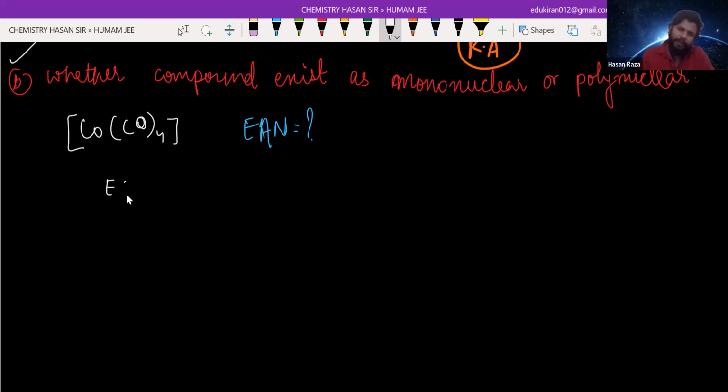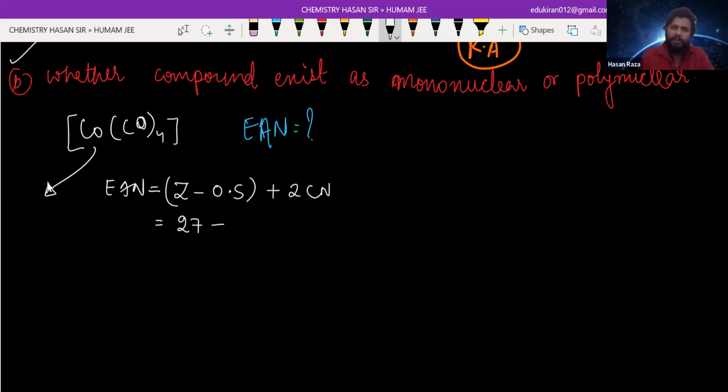Humam, EAN has a formula. Again, I'm going to write it. Atomic number minus oxidation state plus 2 into coordination number. Can you tell me the atomic number of cobalt? That is 27. Minus oxidation state.